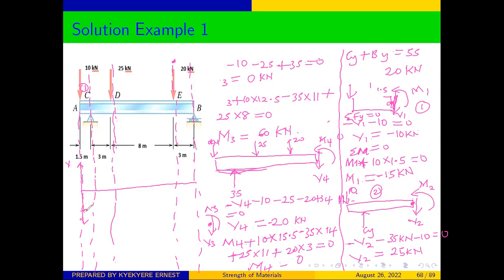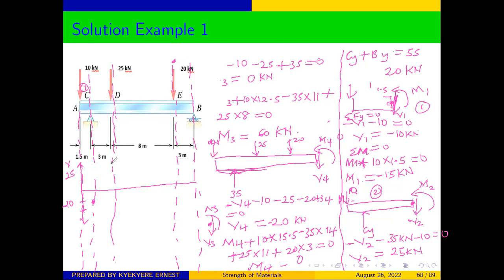Negative always comes below the x-axis, and positive goes above the x-axis. So -10 on the first section, it was -10. So indicate that mark. On the second one, the shear force was now 25. So you can indicate it somewhere here at 25 on the positive side. Sorry, it shouldn't be indicated here. It should be indicated on the next line.